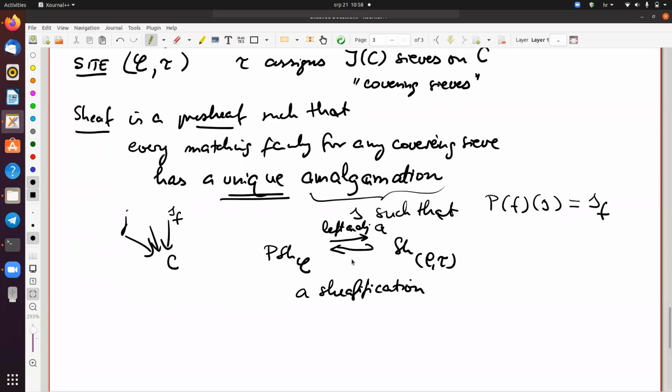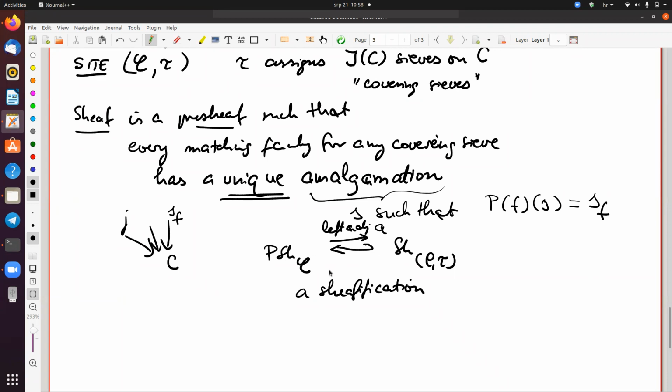It's a left adjoint to the inclusion. And you see, if you have a right adjoint which is fully faithful, that means that this is a reflective subcategory. That means it's the same situation which we had in localization theory.